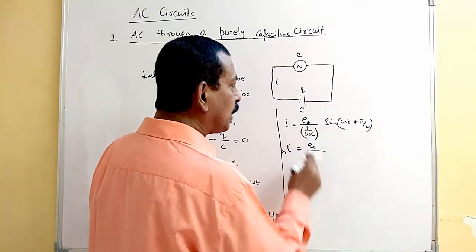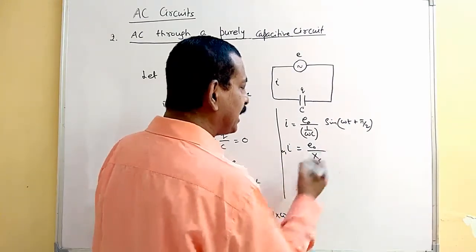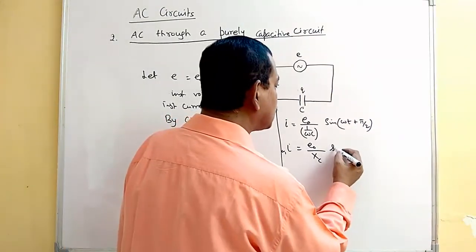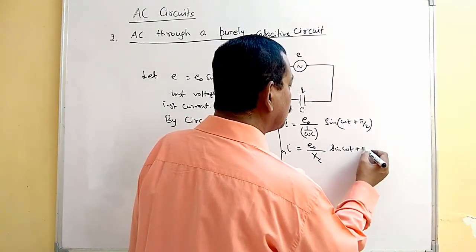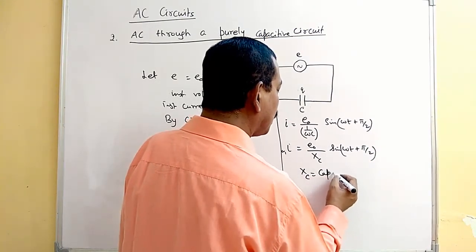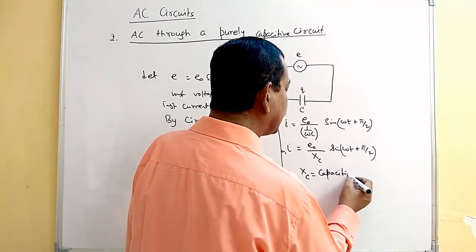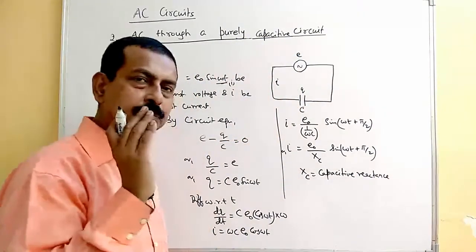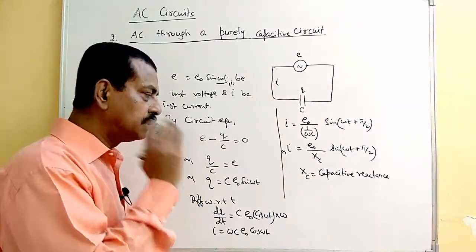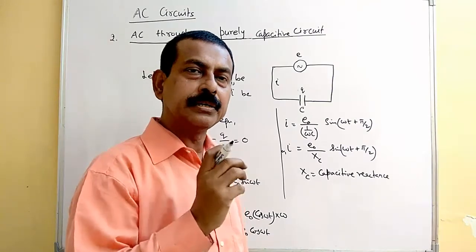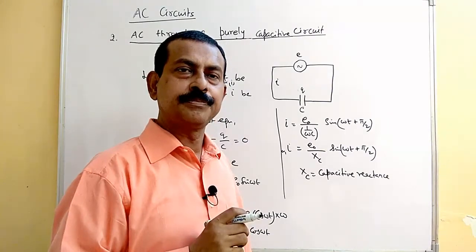Now this term 1 by omega C we represent as Xc, and this is sine omega t plus pi by 2. This Xc is called capacitive reactance. It indicates the opposition offered to alternating current by the capacitor.